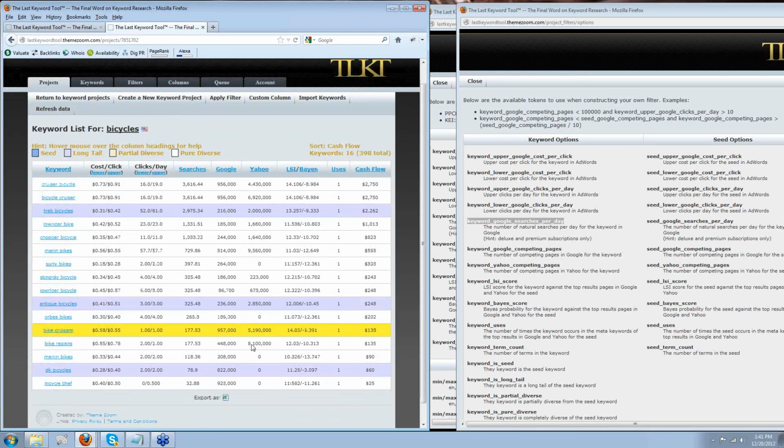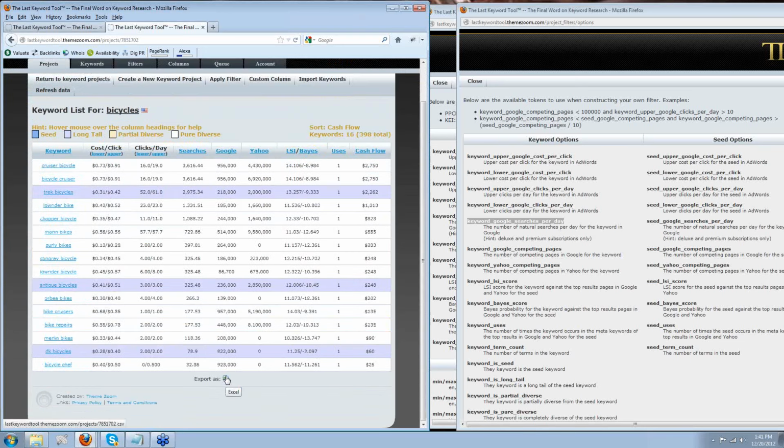I would export this into Excel, and I would prepend or append my locale onto that keyword so that I'd have like Phoenix Cruiser Bikes, Phoenix Bike Cruiser, Phoenix Trek Bicycles, all that kind of good stuff. So I've got these 10 or 20 keywords all with my locale prepended or appended, and I'd hang on to that export, just keep it to the side for a minute.